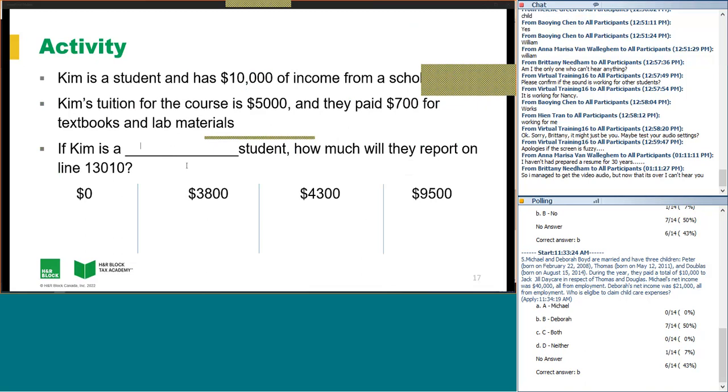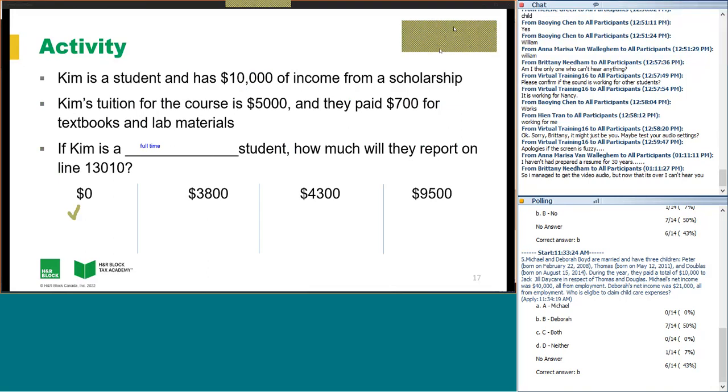If Kim is a full-time student, how much will Kim report on line 13010, given that Kim had a scholarship of $10,000, tuition for the course is $5,000, and they paid $700 for textbook and lab materials? Put a check mark in the column that you think is the right amount. So I'm asking you, how much is taxable income that will be reported on line 13010?